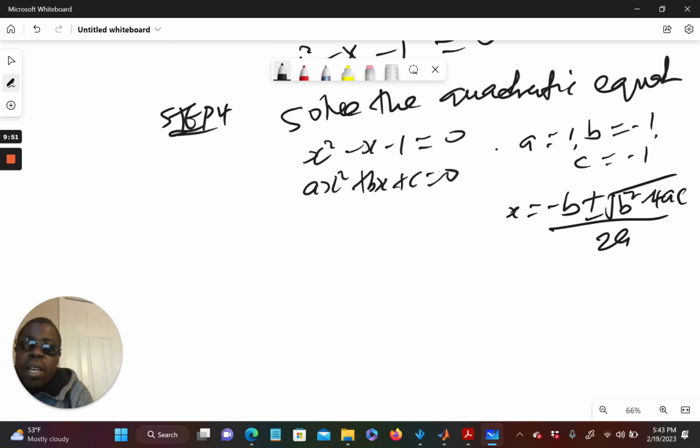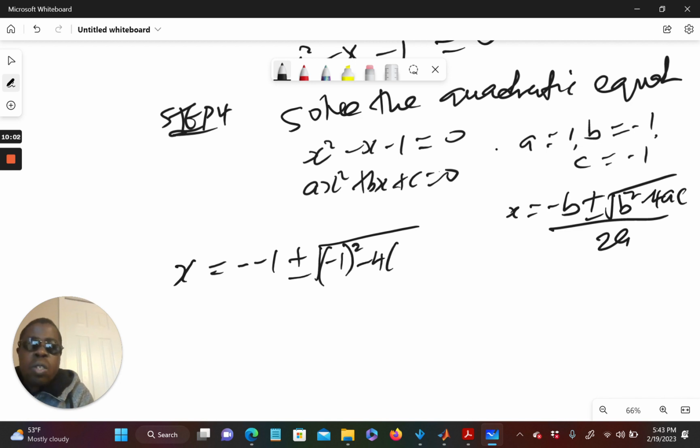Now, when you solve that, of course, you are going to have two solutions. So x is going to be minus negative 1 plus or minus the square root of negative 1 squared minus 4 times a. Our a was 1, c was negative 1, and all over 2 times 1.